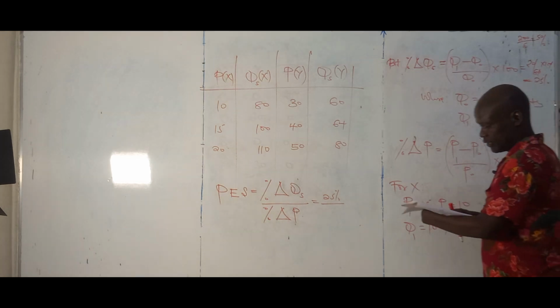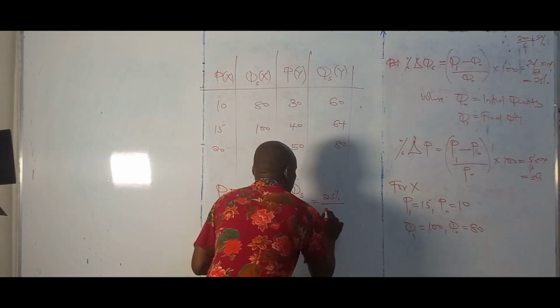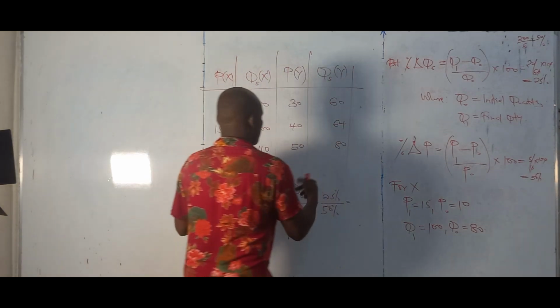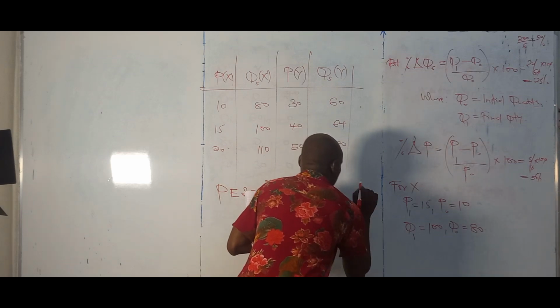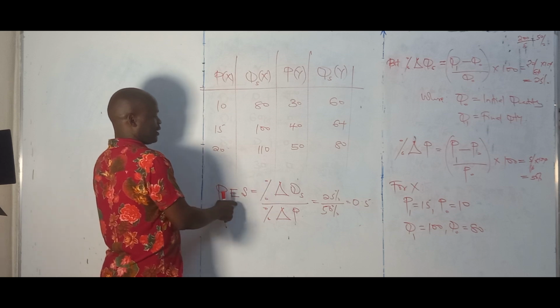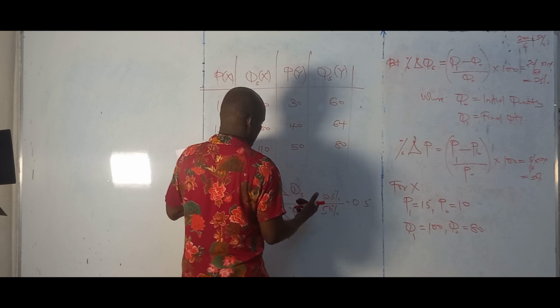So I'll divide this by 50%, and 25 divided by 50 gives us a half, which is 0.5. So within that price range, the price elasticity of supply is 0.5. So that's the first case.